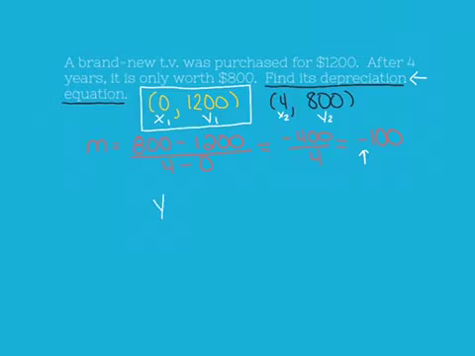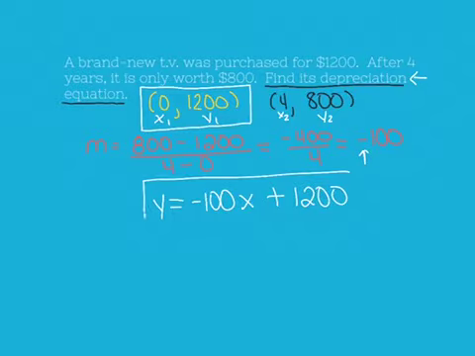So our equation is y equals m, negative 100, times x plus b, which is our y-intercept, 1200. So we could plug in any year for x and find out how much the TV is worth.